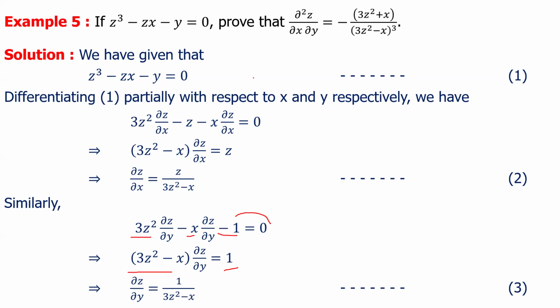Now we have obtained del z del y. Now just look here at del z del y. So we have to just differentiate del z del y with respect to x, then we are able to get our answer.